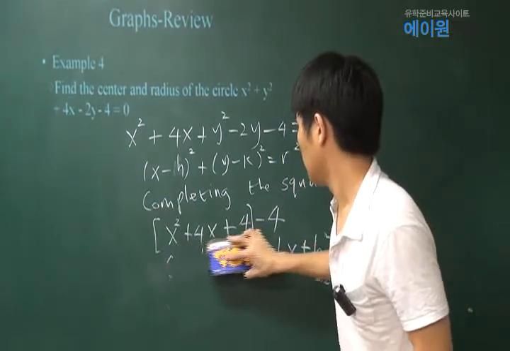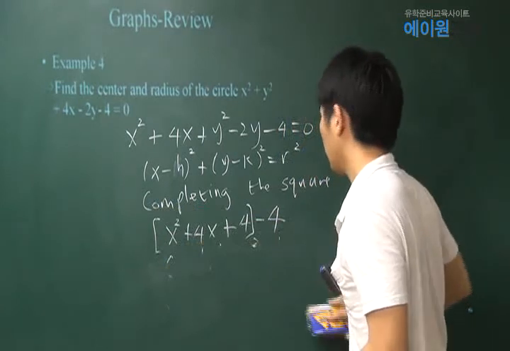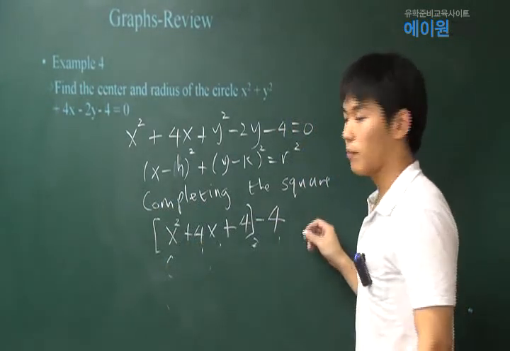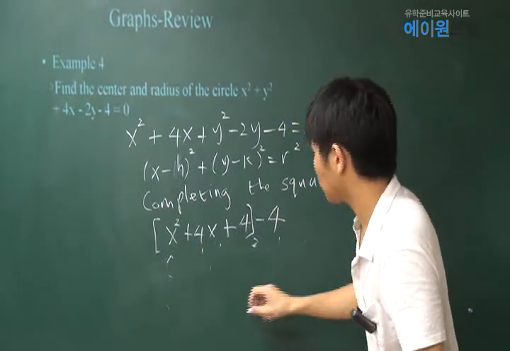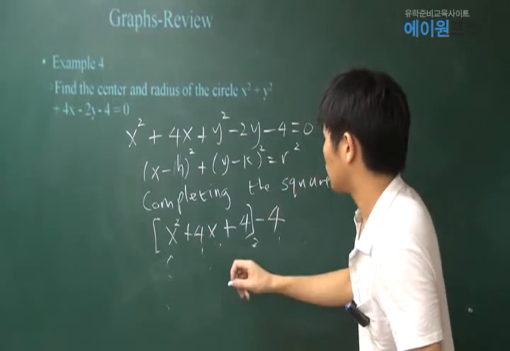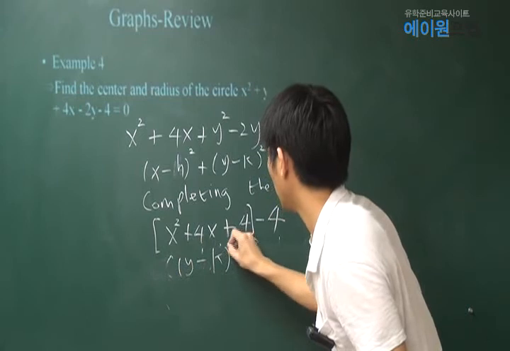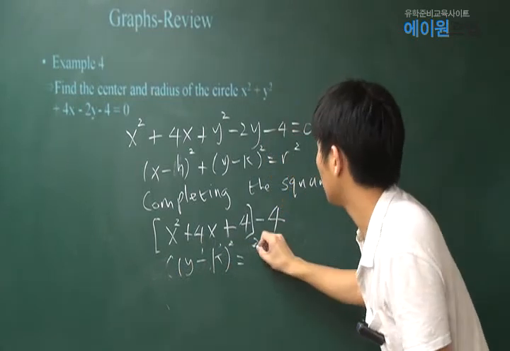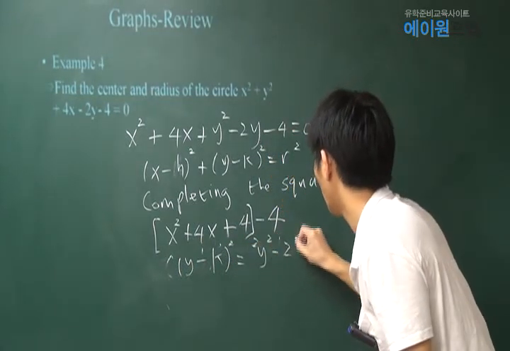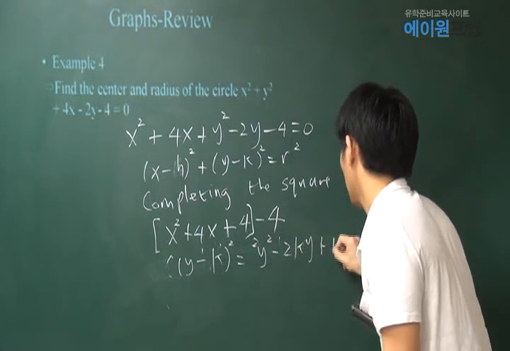Let me continue with completing the square for y. The second one, y squared minus 2y. Again, if it's squared, y minus k squared would be the same as y squared minus 2ky plus k squared.